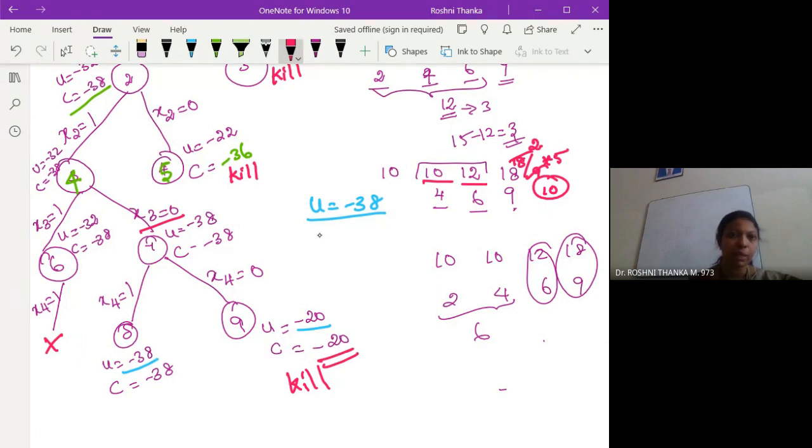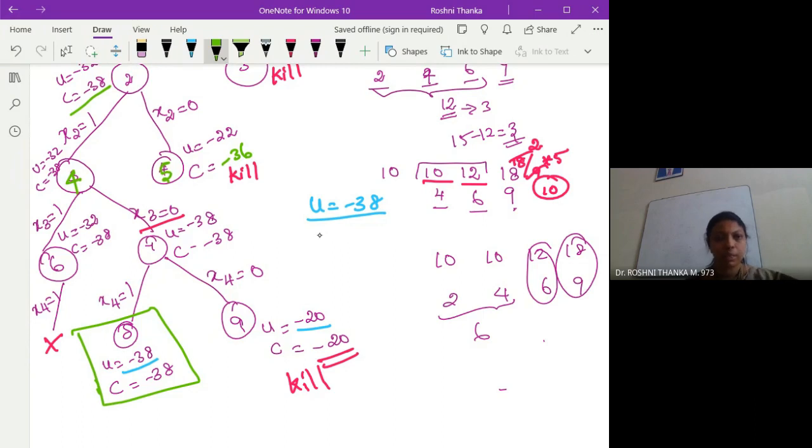Now we can see only one node is left over. So this is our solution. All the other nodes are killed and there is no other way to proceed because we have checked all the 4 items, and the node left at the last will be the solution. When you see the solution, you have to answer in this manner.